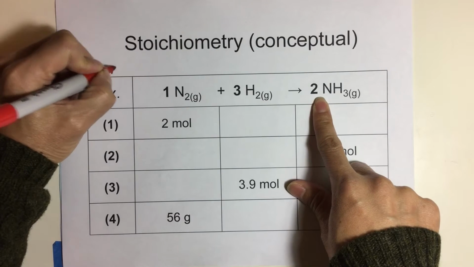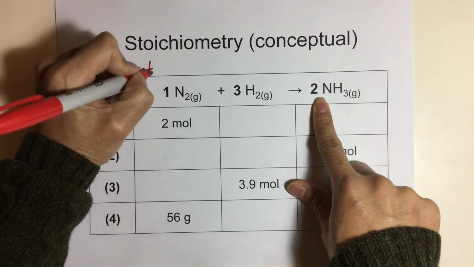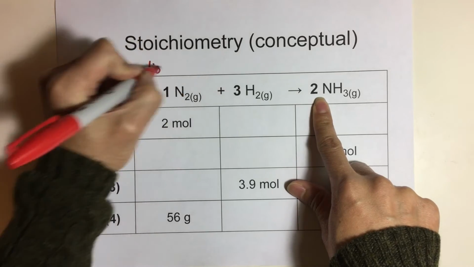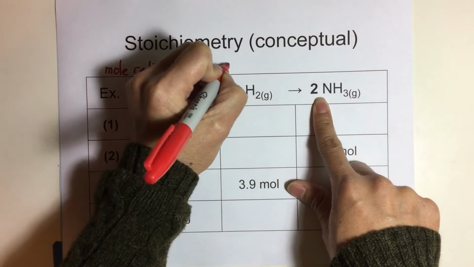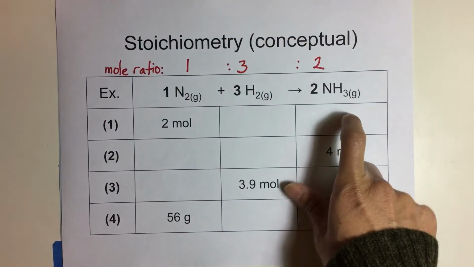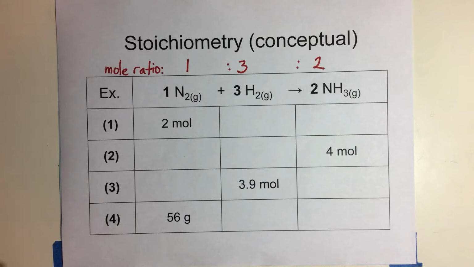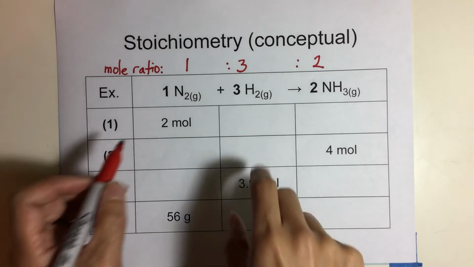So again, the mole ratio among all of these substances is 1 to 3 to 2, okay? Keep in mind that we're looking at a mole ratio, not a gram ratio. It is a mole ratio.